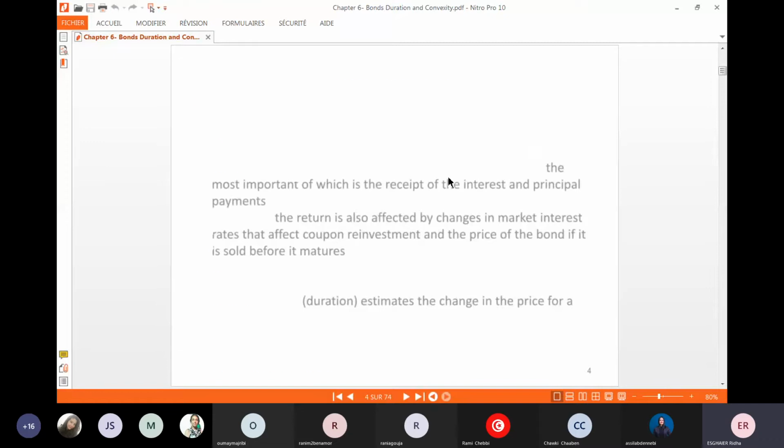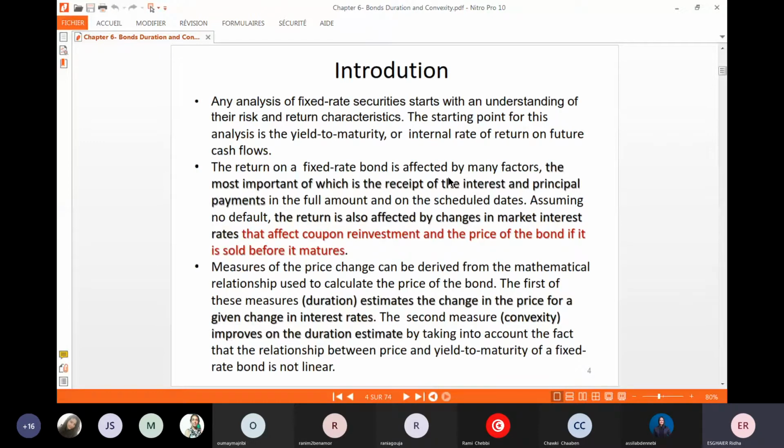Until now, we computed what we call the yield to maturity on a bond, which is the return of an investor who buys the bond and holds it until the maturity. This internal rate of return is computed by comparing the investment flow, the price paid initially by the investor to buy the bond, and what this bond will pay him in the future, the different coupons, the different interest of the bond, and the par value.